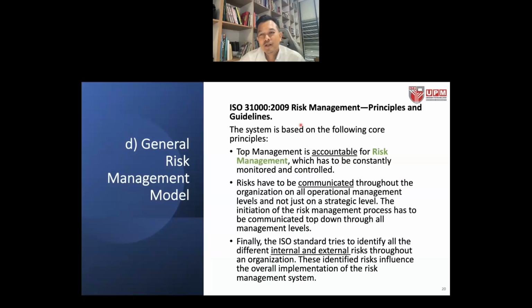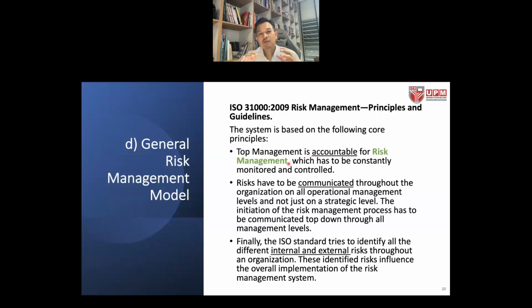The system of ISO 31000 is normally based on the following core principles. As I said, we are not going to go into the detail, but this is just to highlight what it is all about. Normally, the first core principle is that top management is to be made accountable for risk management.